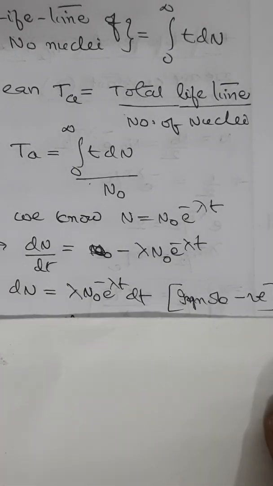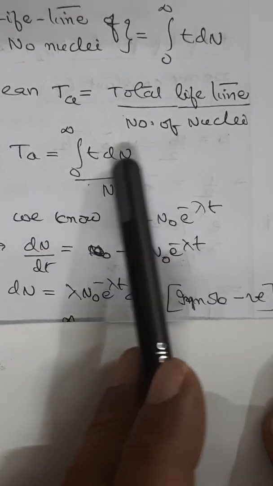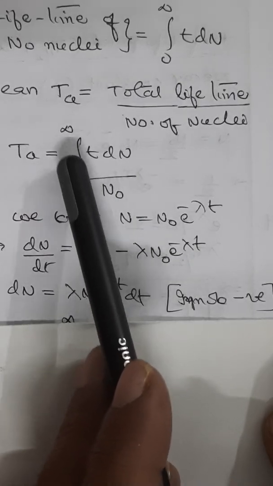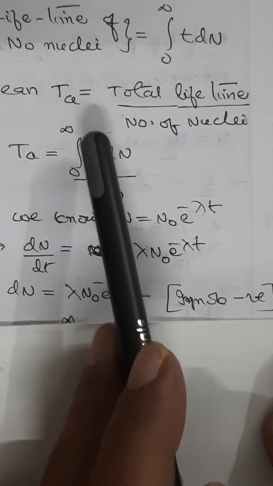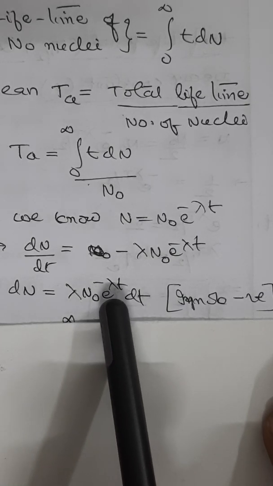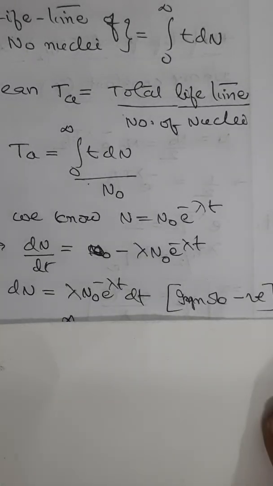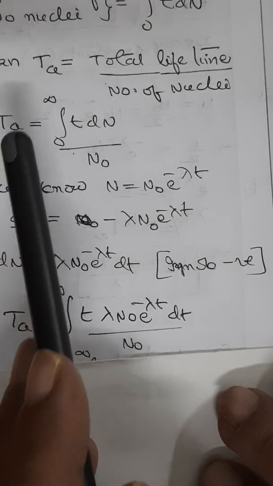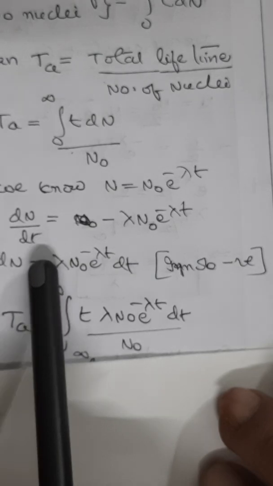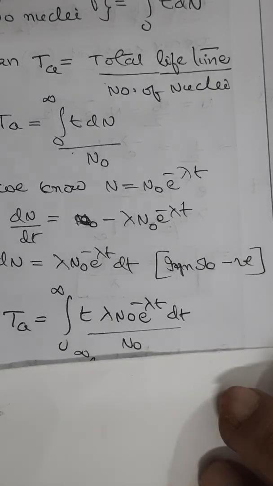Got it? Now this value of dn, you substitute in the numerator of the right hand side of the mean life equation. The numerator indicates integral 0 to infinity of t dn. So for dn, we substitute lambda n naught e power minus lambda t dt in this integral. Therefore, the mean life equation is written as Ta equal to integral 0 to infinity of t into lambda n naught e power minus lambda t dt divided by n naught.